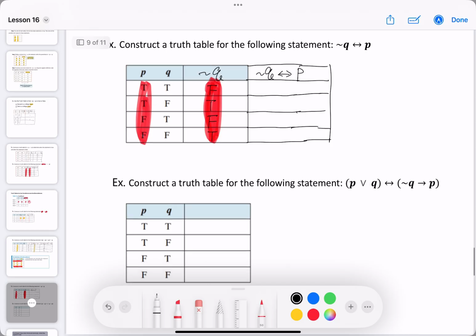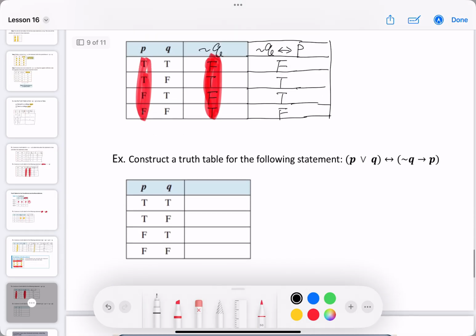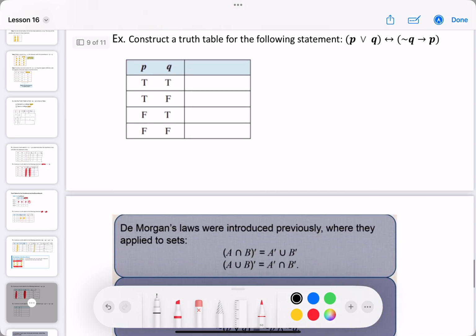So true, false, this is false. True, true, true. False, false, true. False, true, false. Let me double check if I have any mistake. False, true, true, false. Yes, no mistake.